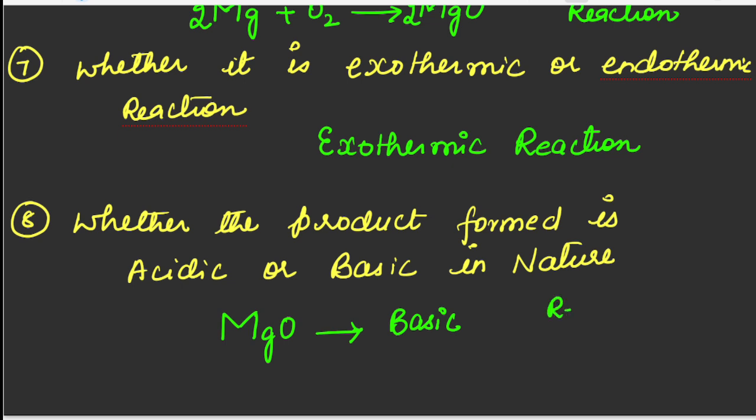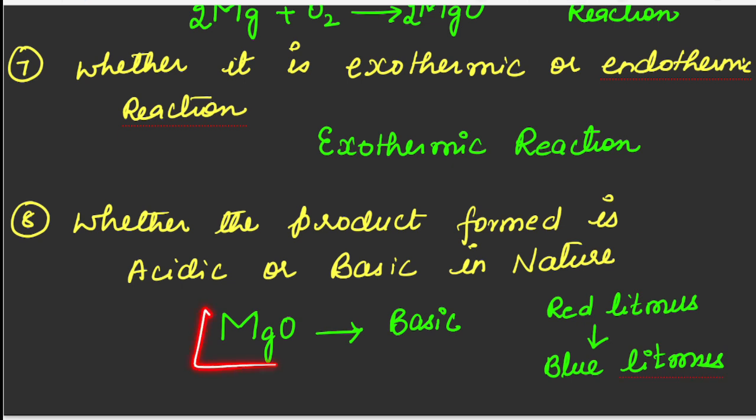Take red litmus paper. If you check with red litmus paper, it will turn blue. This will indicate that the product which is formed is basic in nature. So these are the types of questions which can come from the activity.